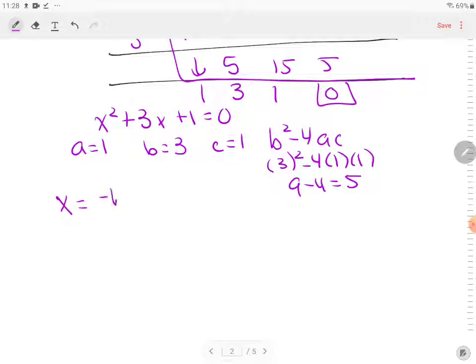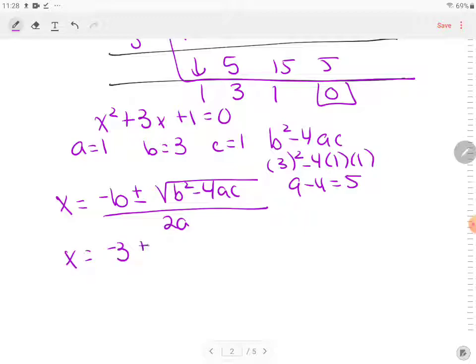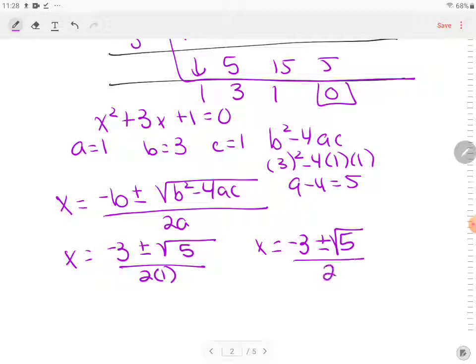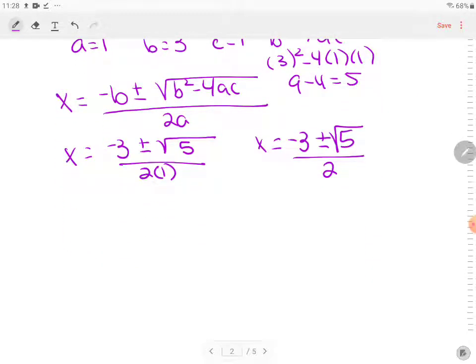X equals the opposite of b, plus or minus the square root of b squared minus 4ac, all over 2a. X is equal to negative 3, plus or minus square root 5 over 2 times 1. X is equal to negative 3, plus or minus square root of 5 over 2. Don't lose that square root there, because there's a difference between the number 5 and square root of 5. This is called exact form, so there are two answers.